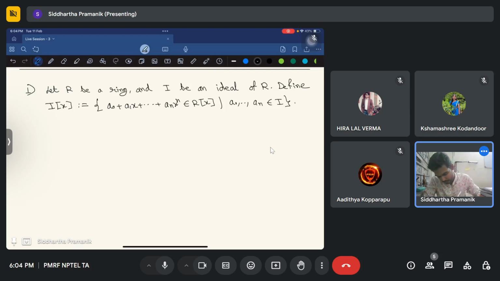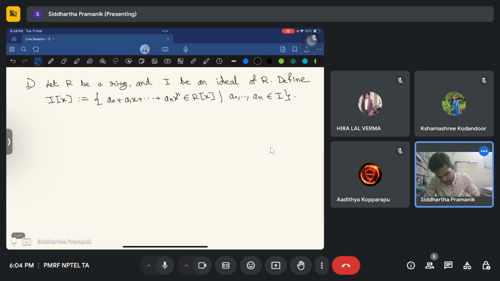Then prove that I[x] is an ideal of R[x], and also we will determine the quotient.